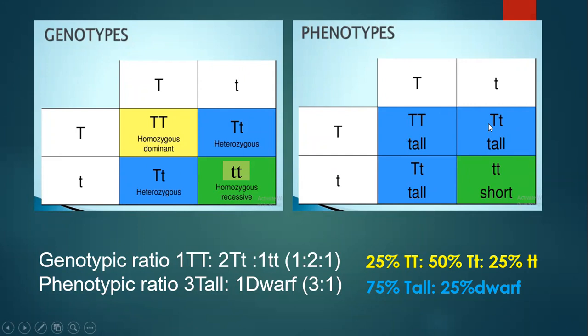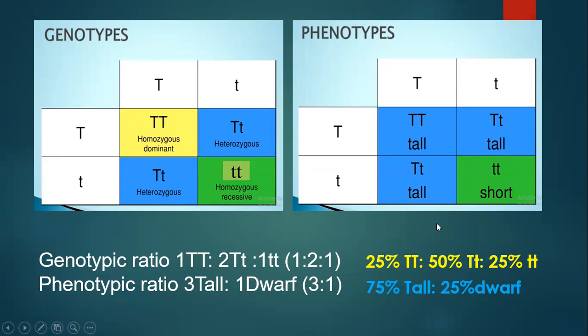This is what we are going to learn in this video: how to identify the genotype of a dominant trait. For the recessive trait it is well understood that both alleles present will be small t, which codes for dwarfness, but we are not sure of the genotypic composition of the tall plant, which is the dominant phenotype.